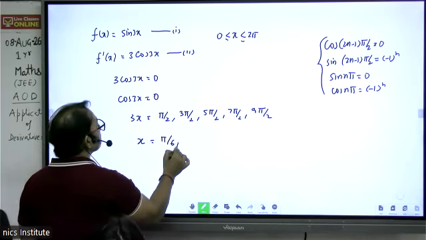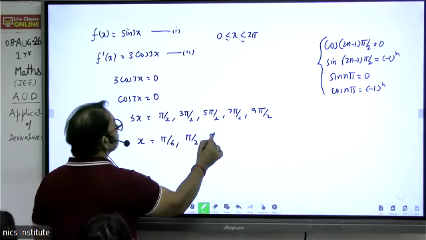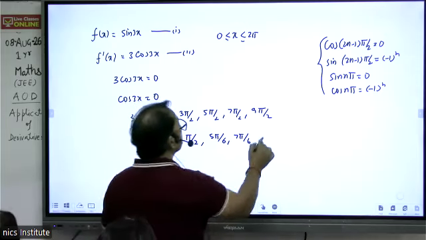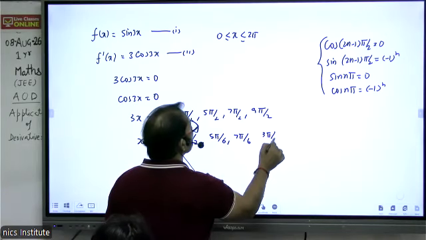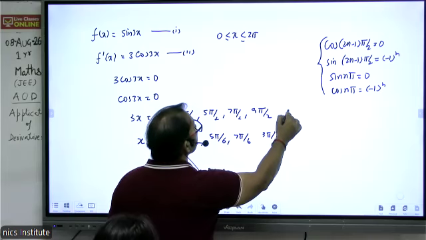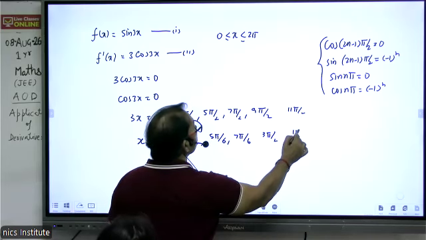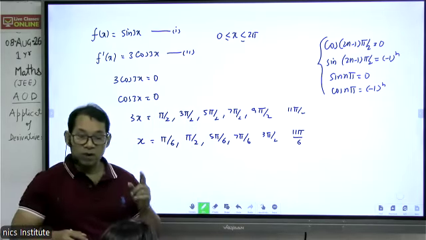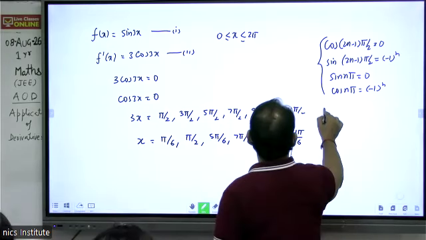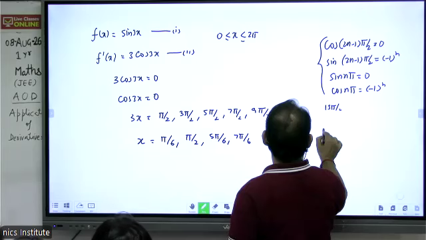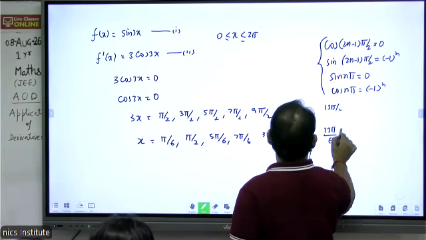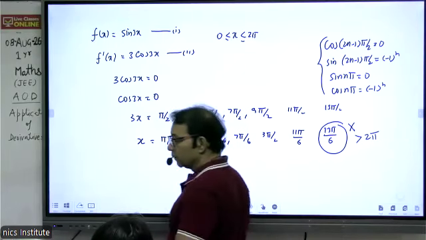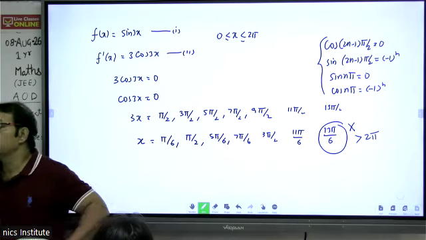X is pi by 6, pi by 2, 5 pi by 6, 7 pi by 6, and this is 3 pi by 2. It is also falling in 2 pi. And then 11 pi by 2, which would be 11 pi by 6. Even this will be there because this is less than 2 pi. 13 pi by 2 will be 13 pi by 6. This will not be included because it is greater than 2 pi. So these are the points which are the critical points.